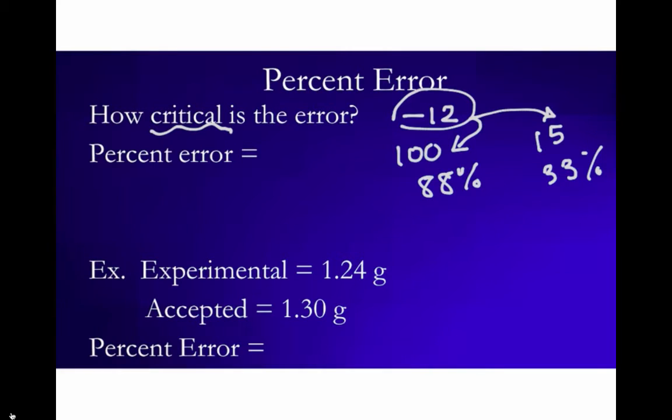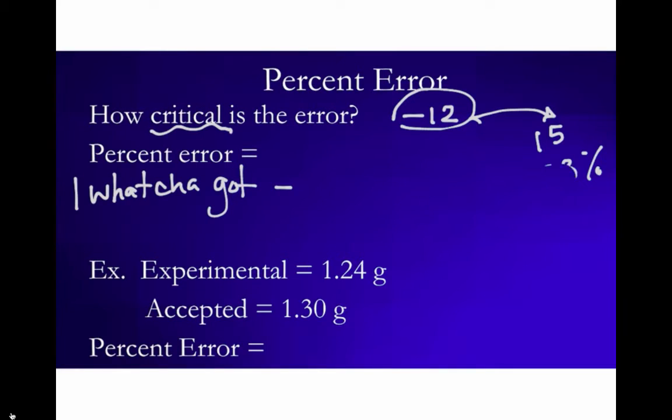Here's what we do. We take the absolute value of your error, what you got minus what you should have got. Let me move this out of the way.